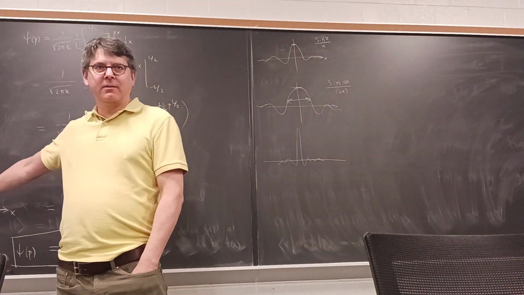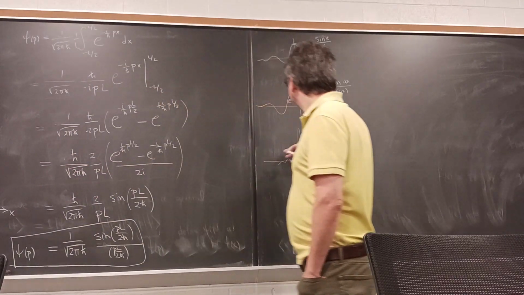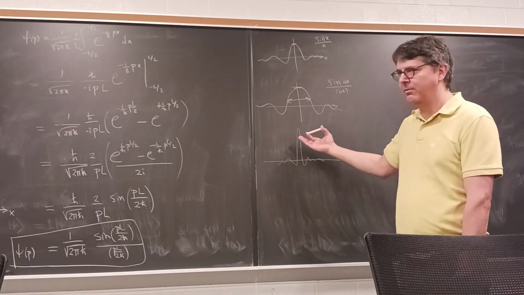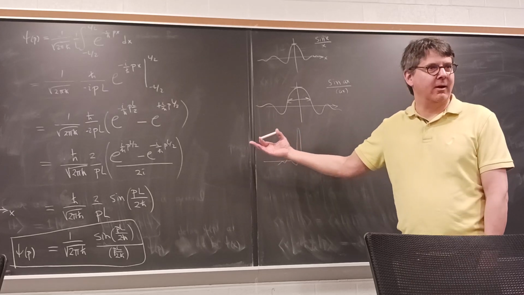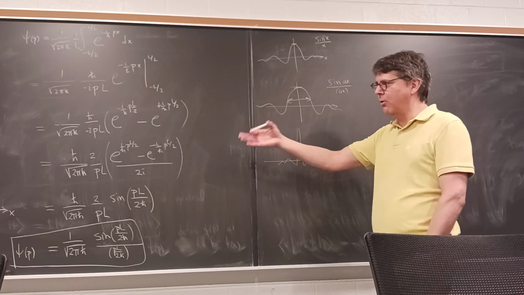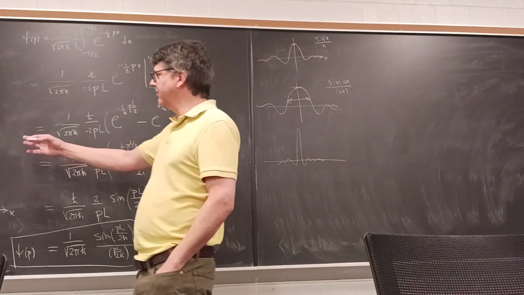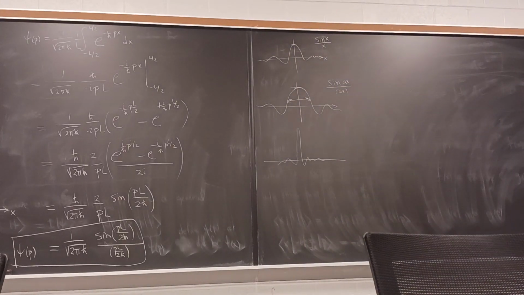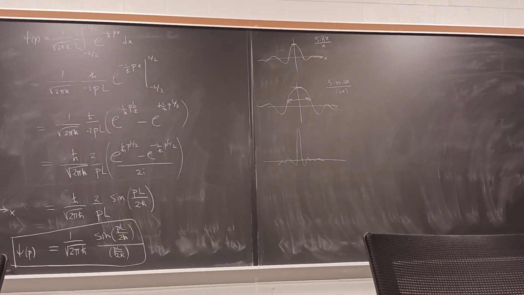But this is a really common feature of Fourier transform pairs. If you're localized in one space, then you're not localized in the other, and vice versa. So that's really all there is to the Heisenberg uncertainty principle. It's no deeper than that.